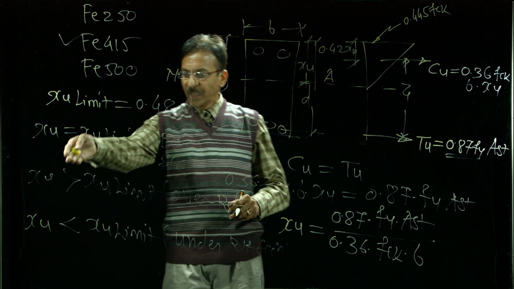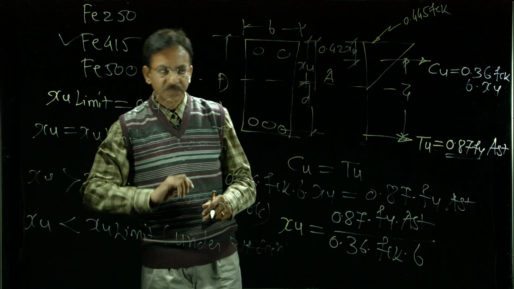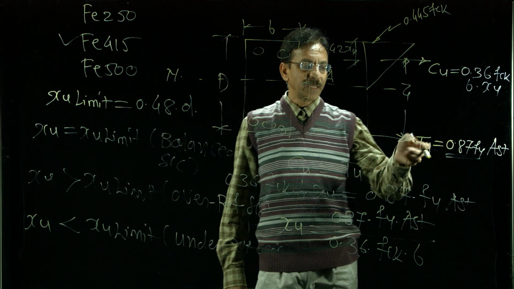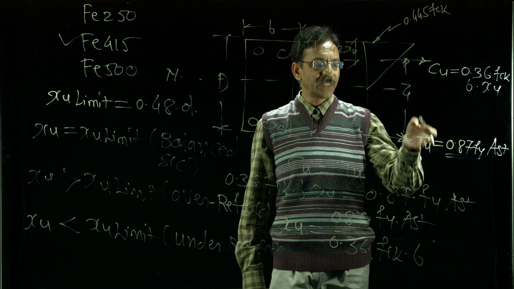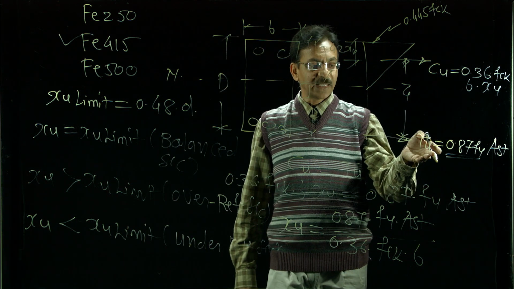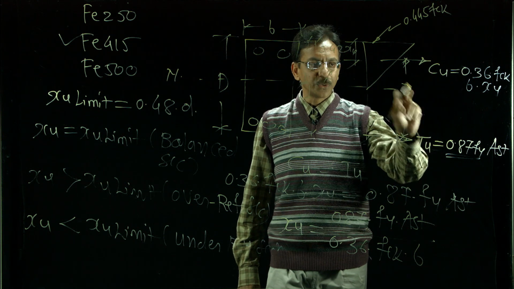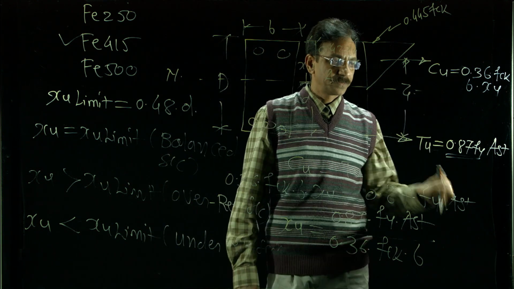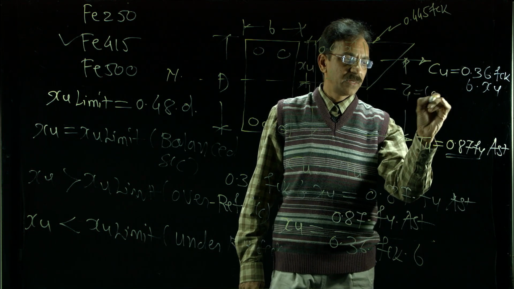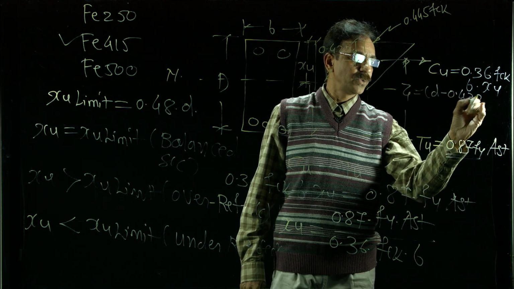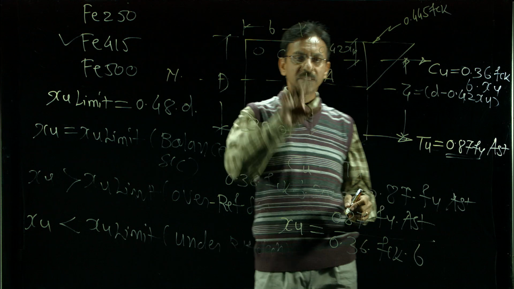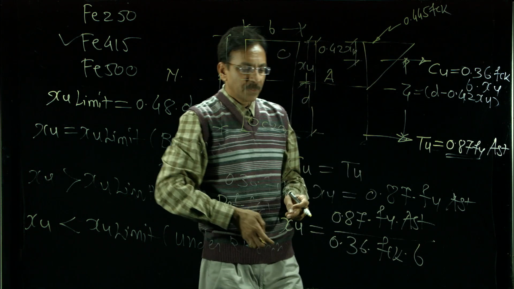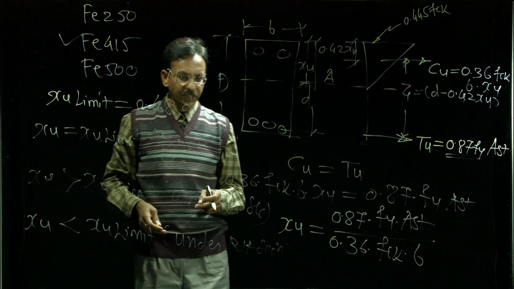So, if XU greater than XU limit, it means over reinforced. So, you can calculate the total moment of resistance with respect to total tensile force. So, that is Cu into Z, and Z is equal to d minus 0.42 XU, that is the distance between the two forces, that is tensile and compressive force.